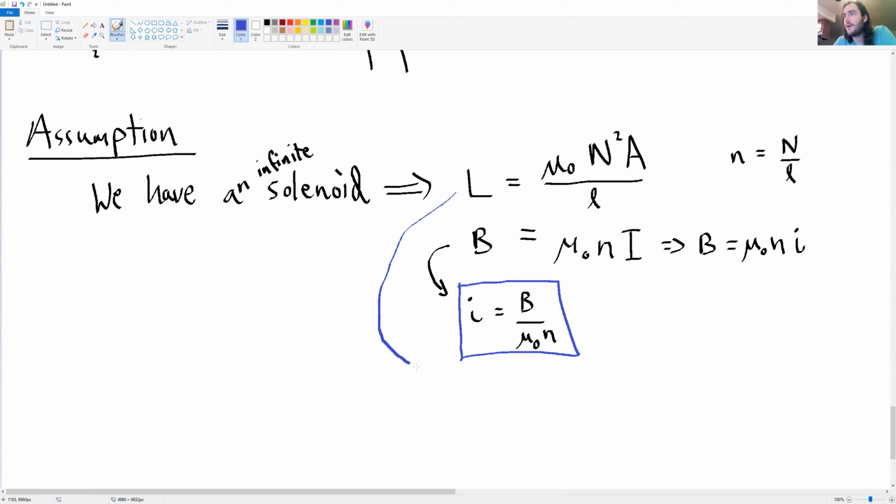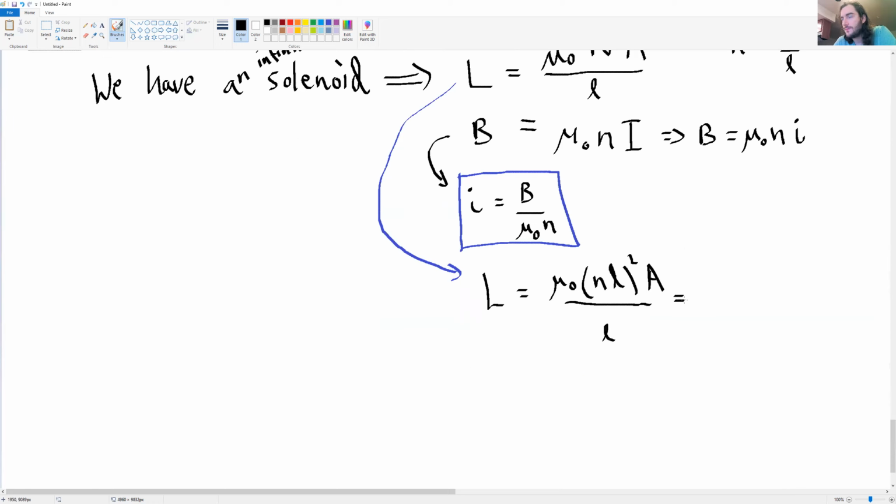Now I want to work on this one next. I want to change capital N to lowercase n. So in order to do that, capital N is lowercase n times l. So I want to square that. You'll see why I'm doing this in a second. Once I do that, what I have is mu 0 lowercase n squared, and I have an l squared, and I have an A, and I have division by l.